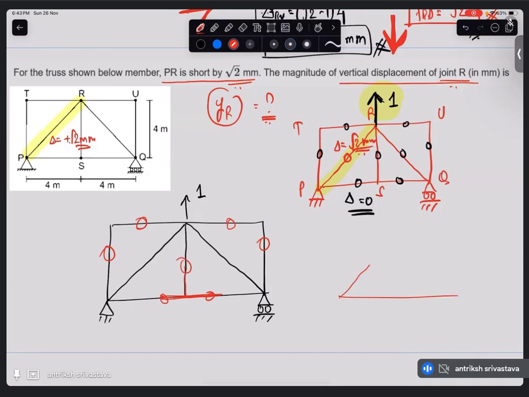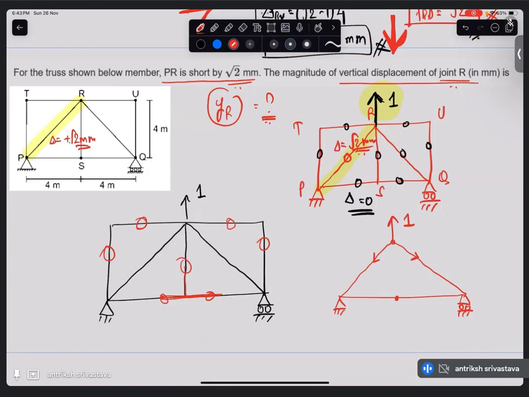So again, this question boils down to a very simple truss, which is just a triangle with two supports, a simply supported truss, and then you have only three members here, right?